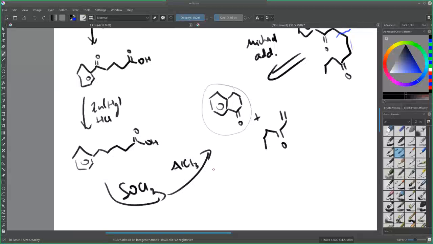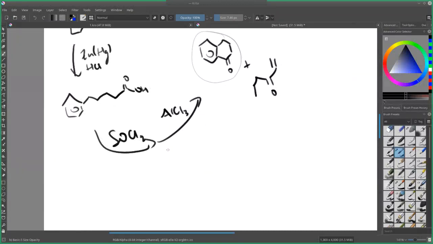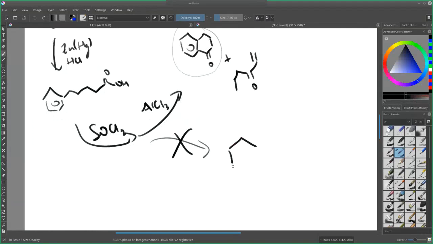And you don't have to worry about the whole sulfonation thing to do para blocking because there's no way you're going to wind up producing something that looks like this. I don't even know how to draw it. Para would be like there, right?